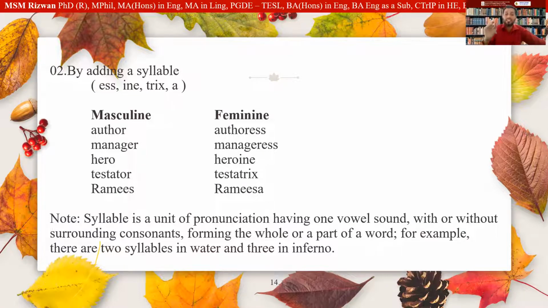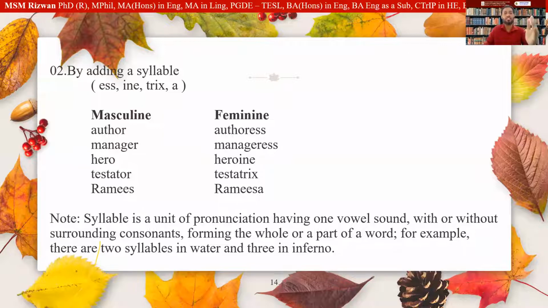Now you can say inferno, right? In each unit of pronunciation, you could notice the use of vowel sounds, right? These are called syllables. So simply you can know what a syllable is and how to add the syllable to form masculine into feminine.